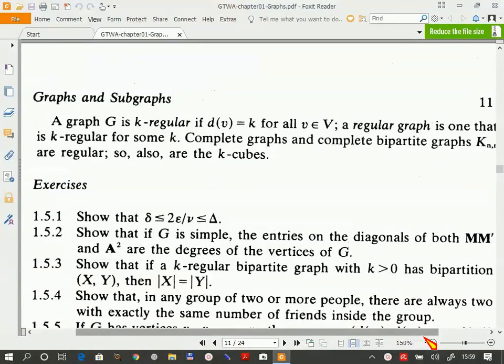Now, let's take a graph, a simple graph, because being friends is a simple graph. You cannot be friends with yourself. I'm taking single usernames. Say you have 15 vertices in your graph. How many possible degrees are there?